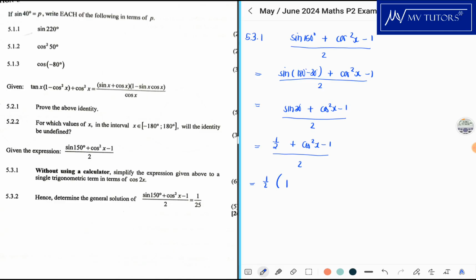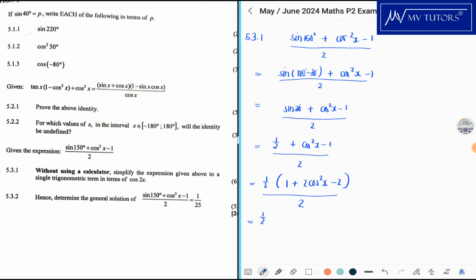What will I be left with? I'll be left with 1, plus, now a half times 2 will give me 1, so I need to have 2 in front of the cos squared x. And then what happens to that negative 1? It has to be a negative 2, because negative 2 times half will give me negative 1. And then I'm going to divide that by 2.